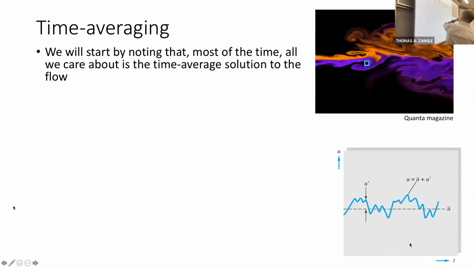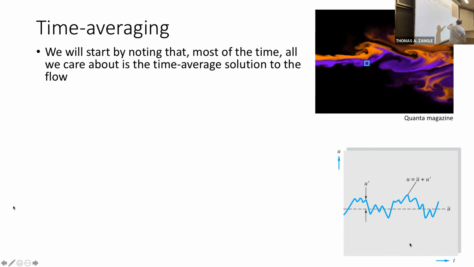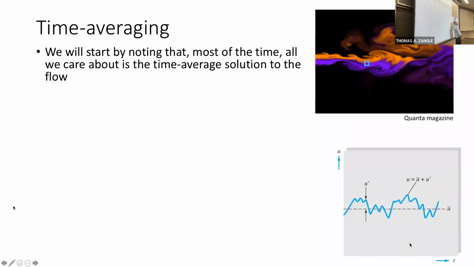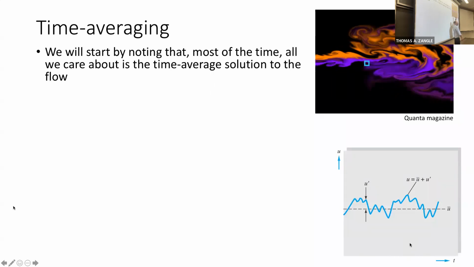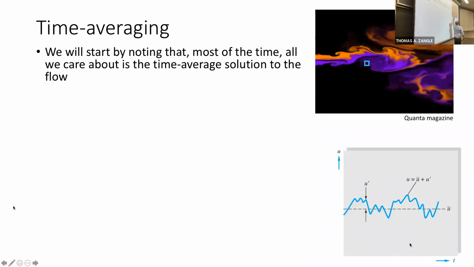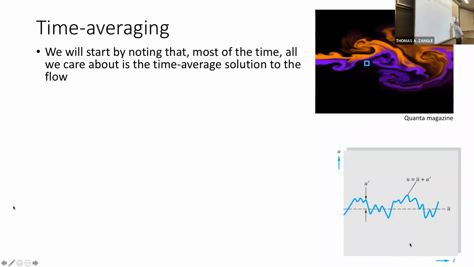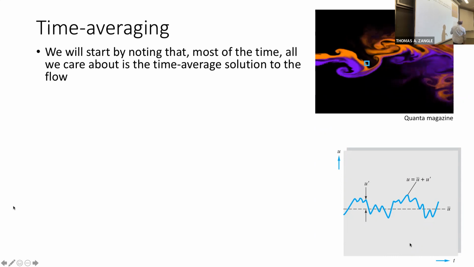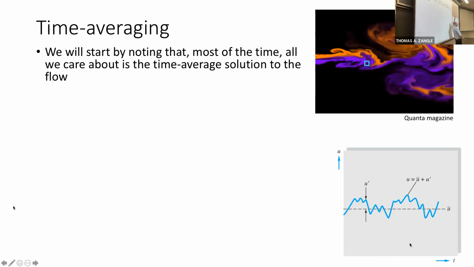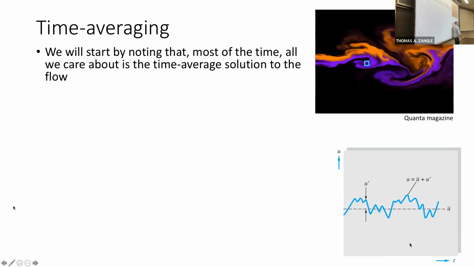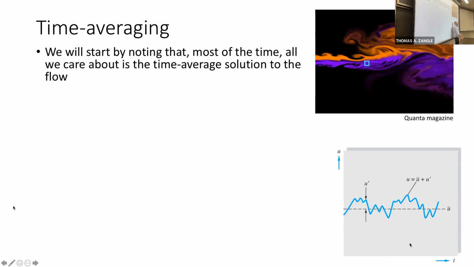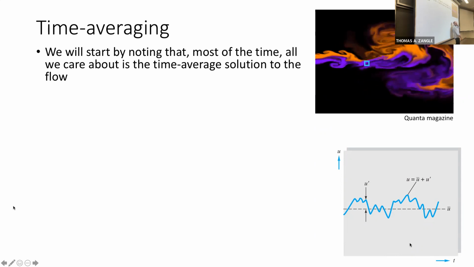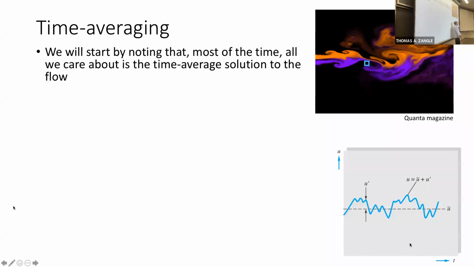One of the primary motivations for this is that most of the time, if I'm doing a computational fluid dynamics, a CFD simulation of this turbulent jet, because I'm trying to design the nozzle that's going to be expelling this into a tank or something, for the most part, I don't really care about the details of the fluctuations, the prime part here. For the most part, all I really care about is the time average velocity, or the time average velocity profile.